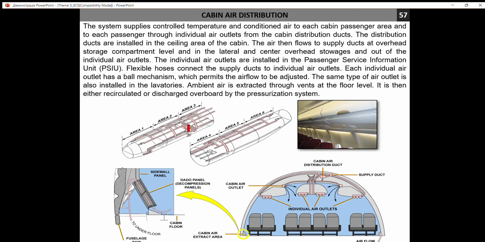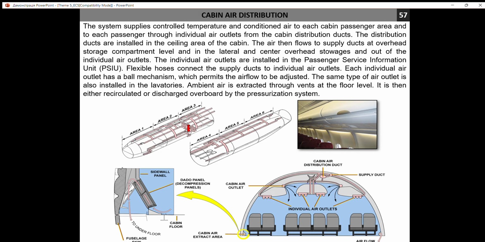So here you may see the so-called dado panels, decompression panels. Typically the air goes through this space to the underfloor compartment, and then it may be dropped out through the pressure regulating control valve.